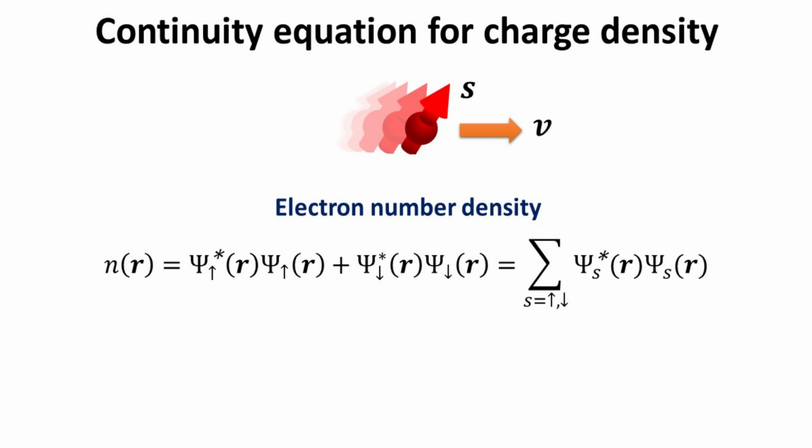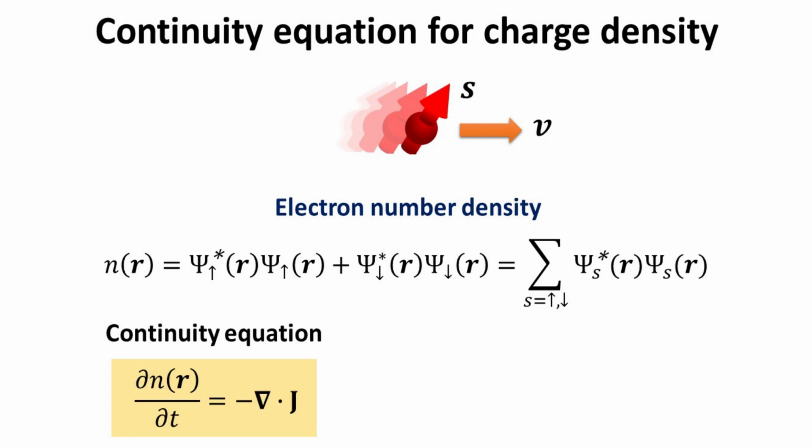The electron number density, or probability density, at a given spatial location, R, is simply the absolute square of the wave function. Since electrons also have spin, we sum the probabilities for each spin state, as explicitly shown. From this definition, the continuity equation expressing conservation of the electron number density is as follows.